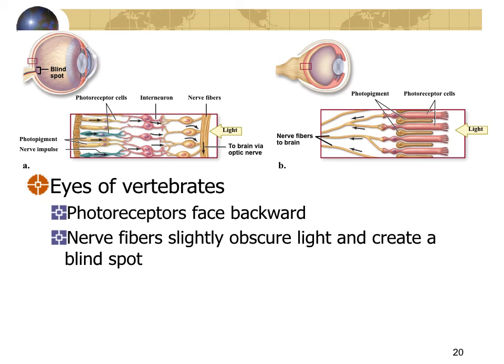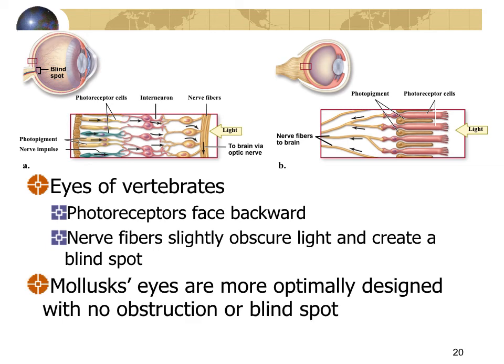But we have a blind spot in our eye, and we have internal shadows in our eye that our brain has to kind of figure out. On the other hand, the eyes of squid and octopi have their receptors facing outward. And so they don't have those internal shadows. But they have other problems. Their eyes are imperfect in other ways.